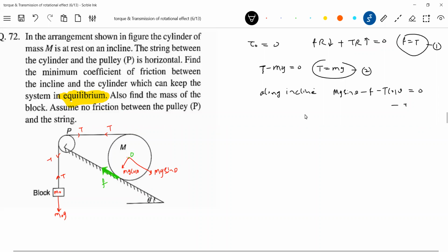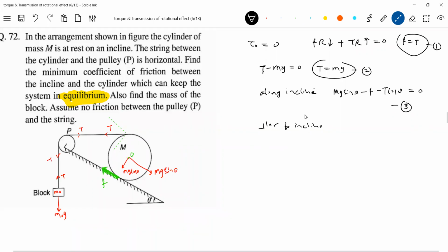Call it equation 3. Perpendicular to incline, what are the forces? The component of tension will come. I'll just show it here. Shall I resolve this tension?